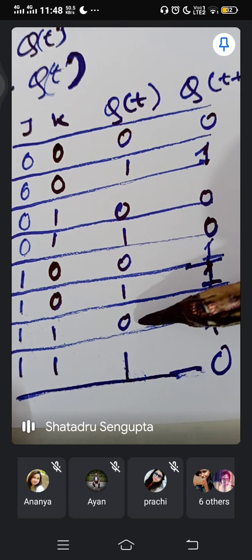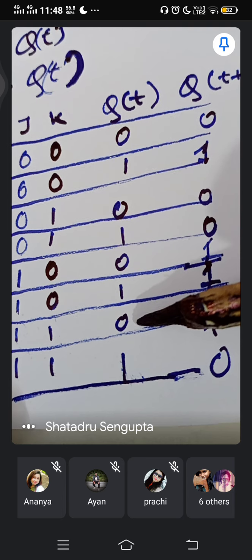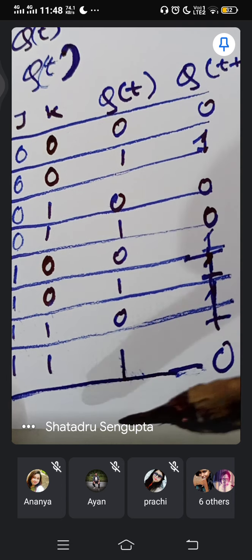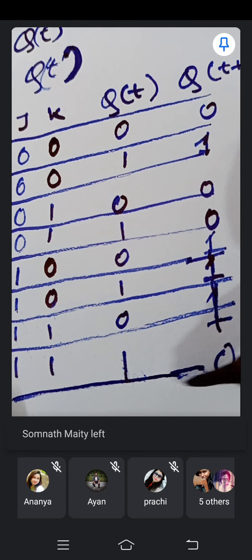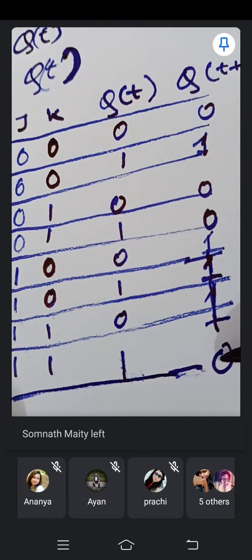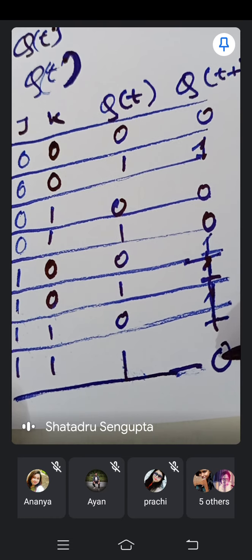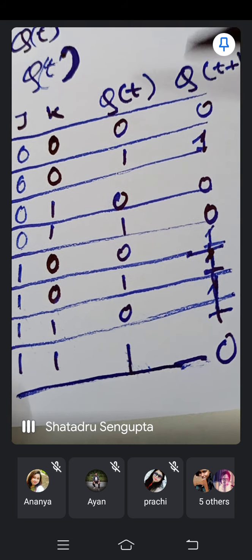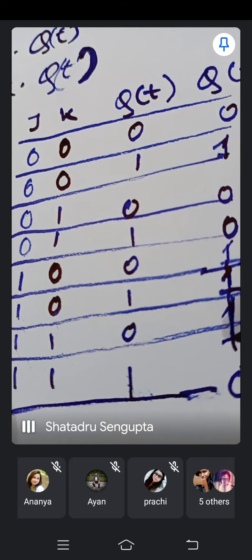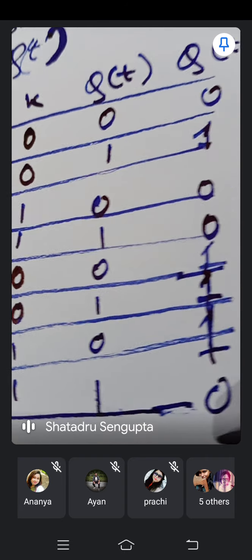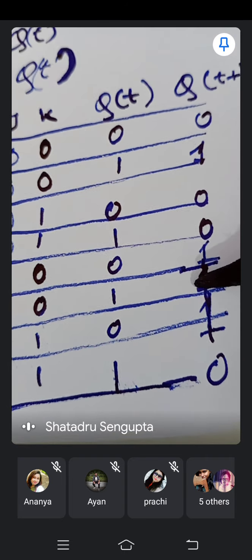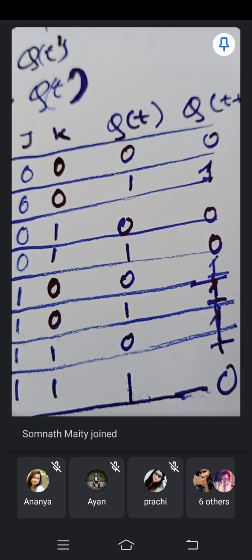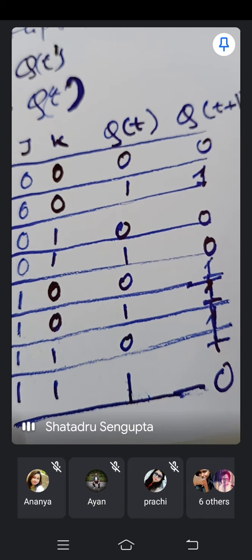If QT, that is the previous one, is 0, it becomes 1. If it's 1, it becomes 0. So this is not undefined anymore, you have the option of having a complement of the previous output.